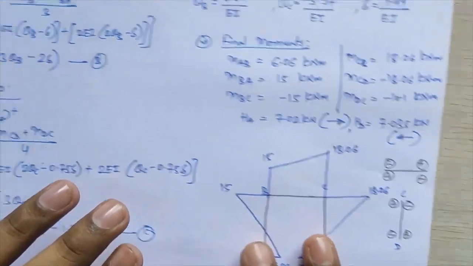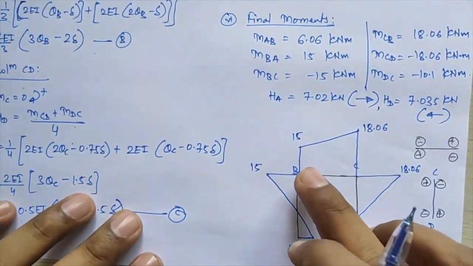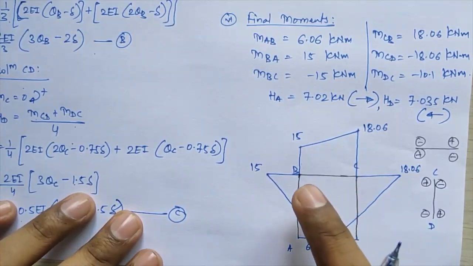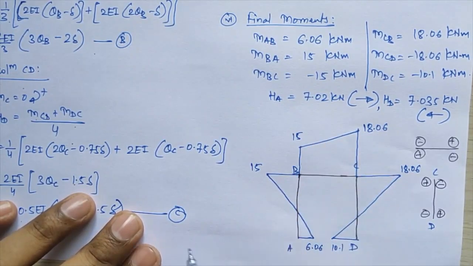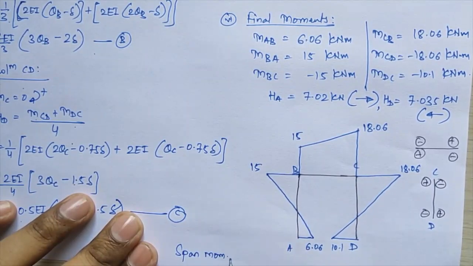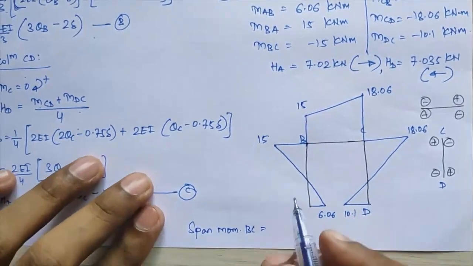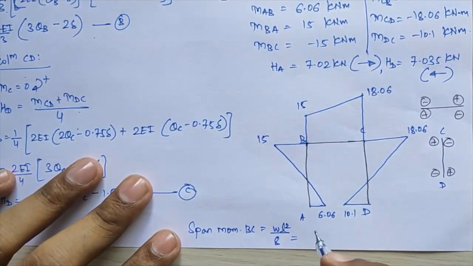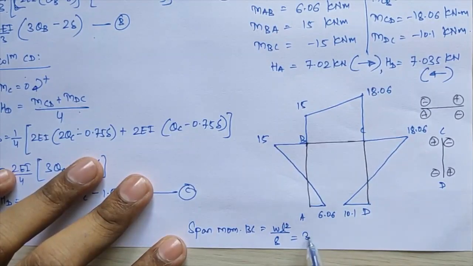Now for span moment, you do not have any span loading on your columns, so the span moment will be just for member BC. I will calculate the span moment for BC, which is equal to WL square divided by 8, and that I am getting equal to 37.5.